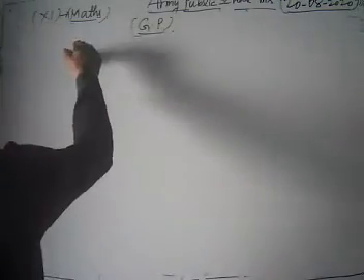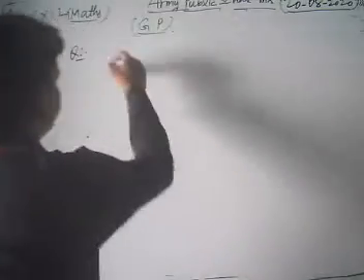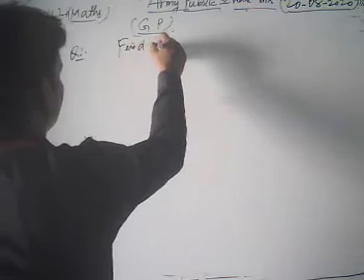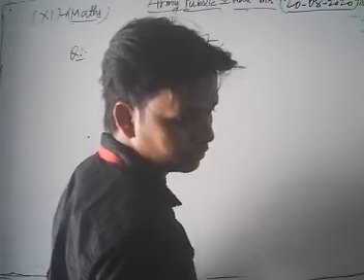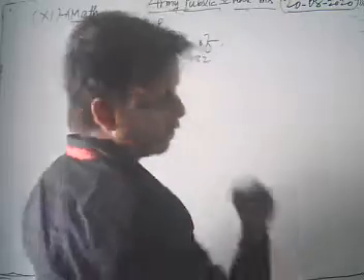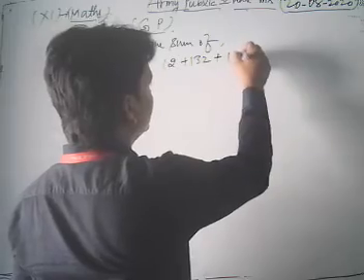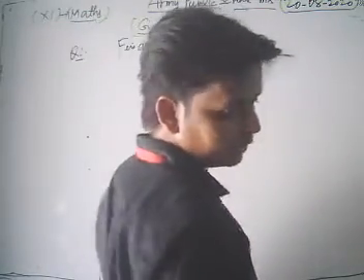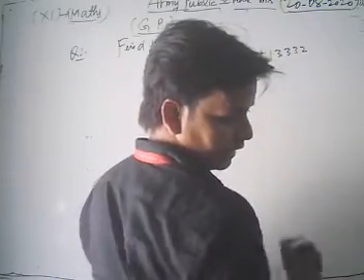We take some other question based on GP. Let's see. Find the sum of the given series: 12 plus 132 plus 1332 plus 13332 up to n terms.